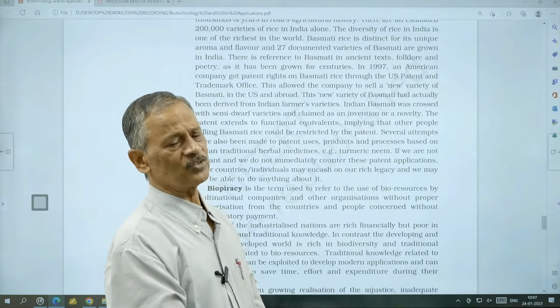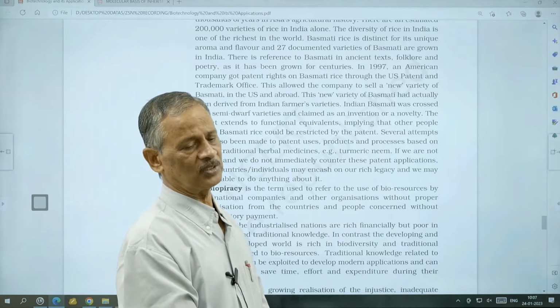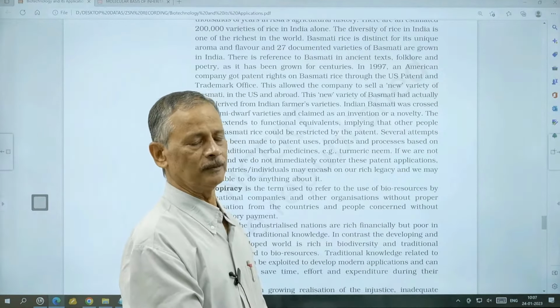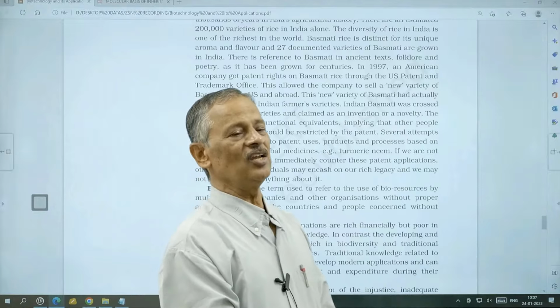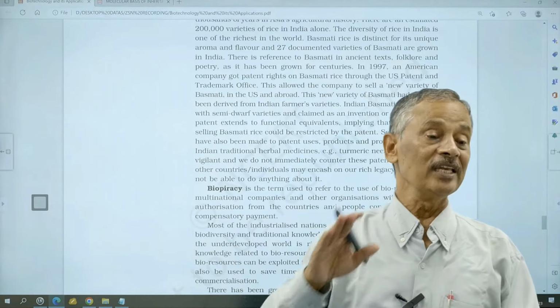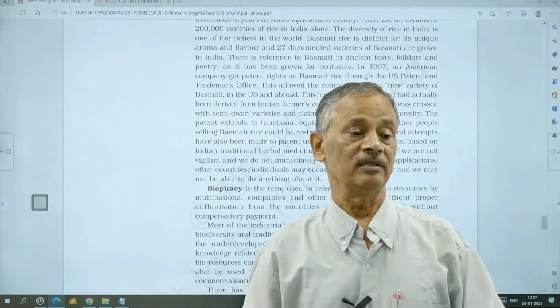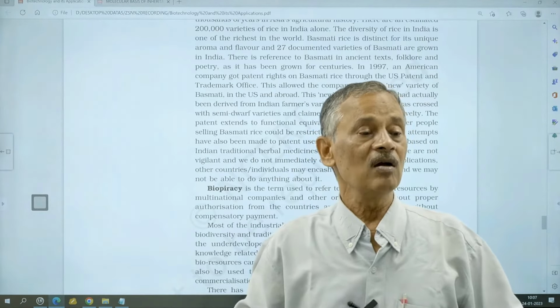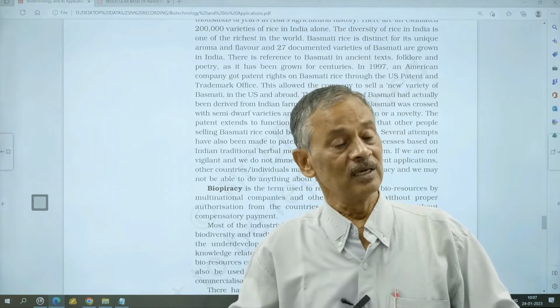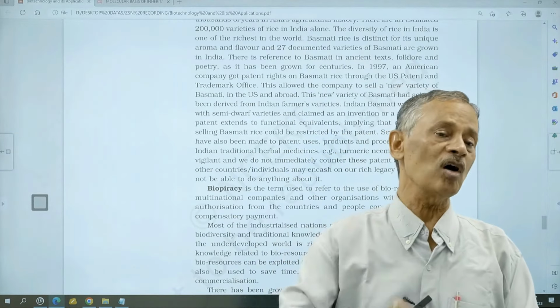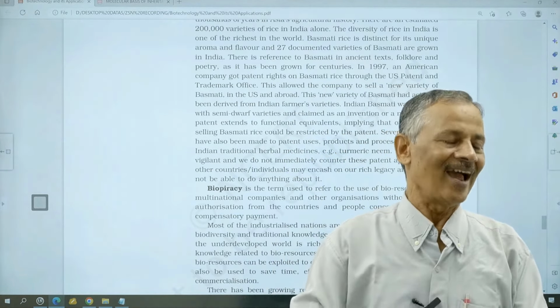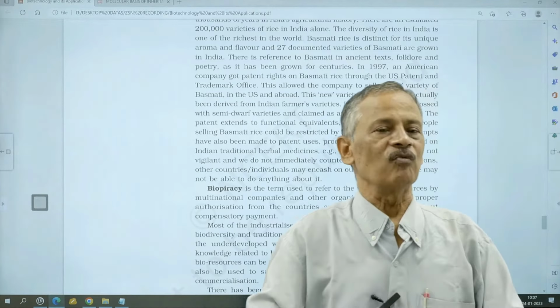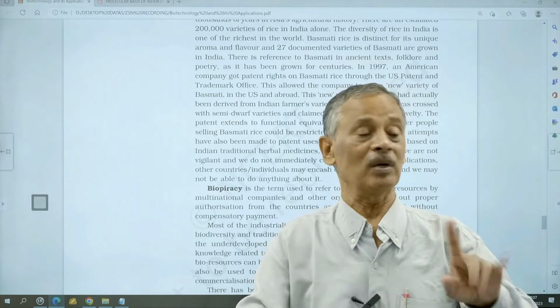How did they produce that variety of basmati, which they call Texmati? It was by crossing the Indian farmers' variety, which farmers in India had been growing for centuries, with a semi-dwarf variety. Then they produced a variety that they claim as new, but actually it is not new at all.